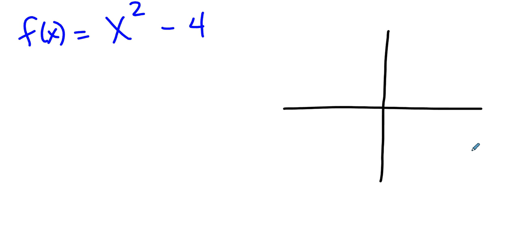So on this function, I know that we're in standard or we're in vertex form, but it tells me that my y-intercept is going to be -4. And then I know that the a value is +1, so I know the pattern of this parabola.